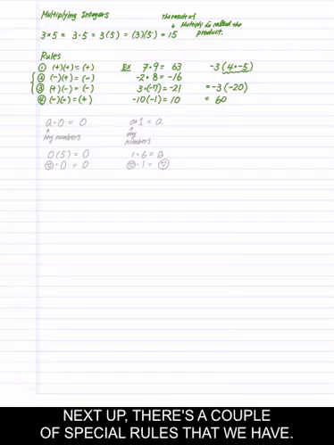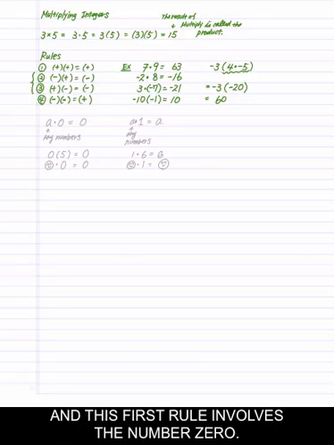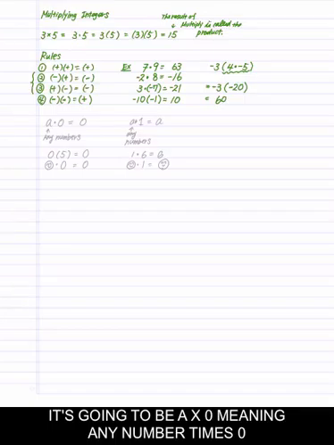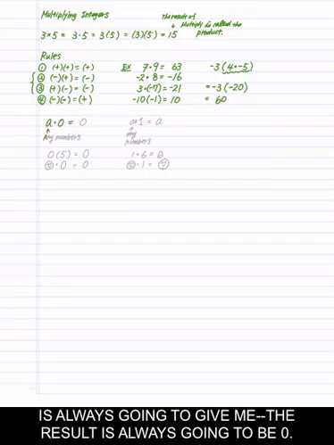Next up, there's a couple of special rules that we have. And this first rule involves the number 0. It's going to be a times 0, meaning any number times 0, the result is always going to be 0.